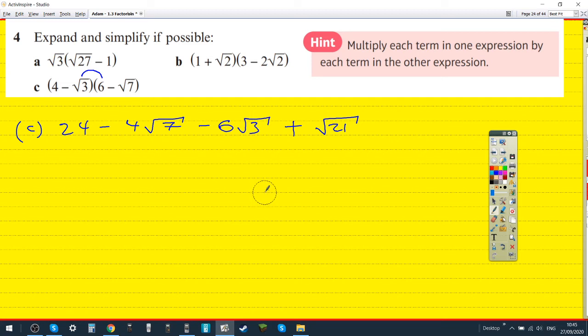How would you start question B? Should be 3 plus. Well, no, wait, not yet. And then it'd be minus 2 root 2 because 1 times 2 root 2 is just 2 root 2.